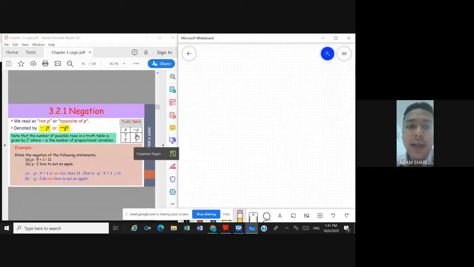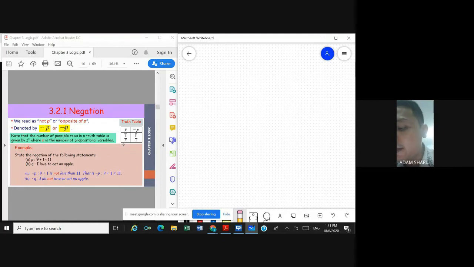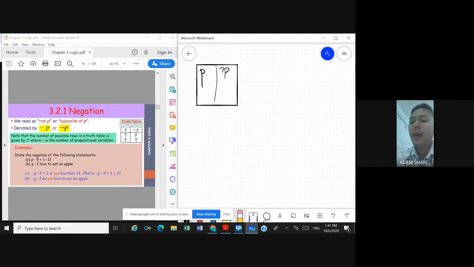Okay, if you look on the left here, truth table, there are certain rules here. P and not P. A proposition can be either true or false.